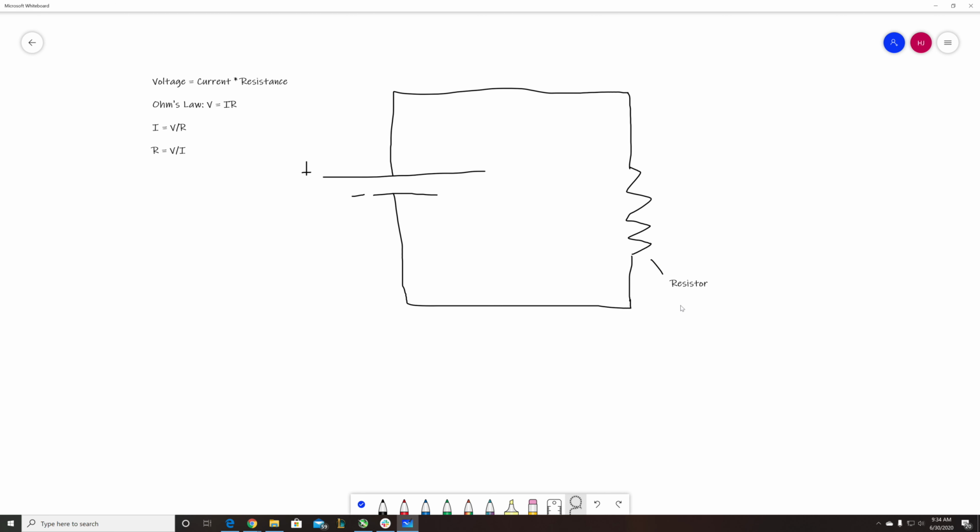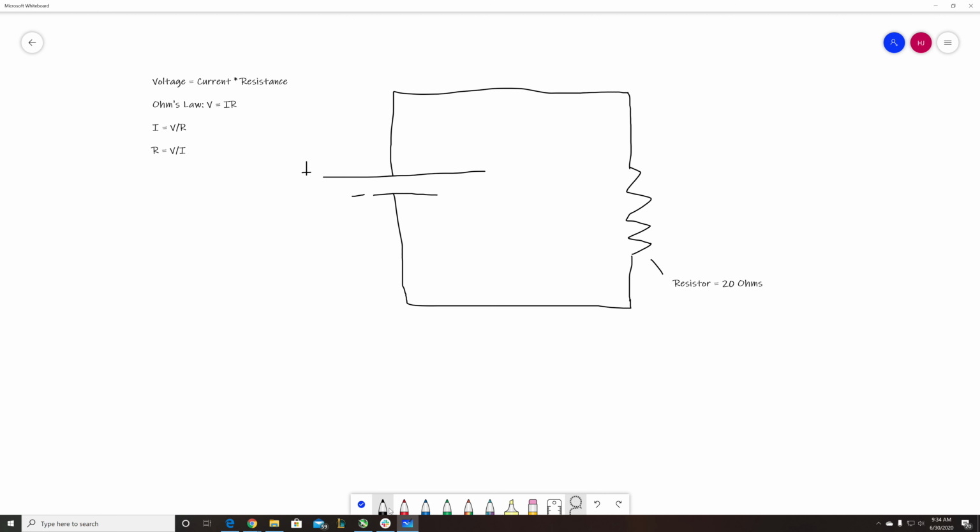Say that this resistor is equal to 20 ohms. Everything is measured in ohms for resistance. That's how I've described it up there: current times resistance.